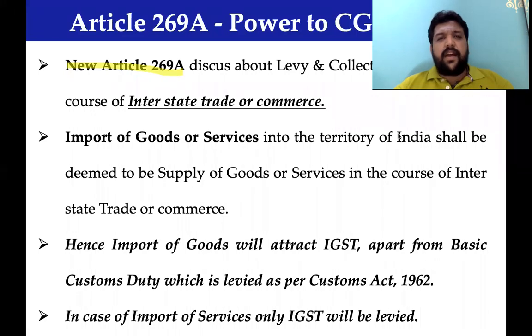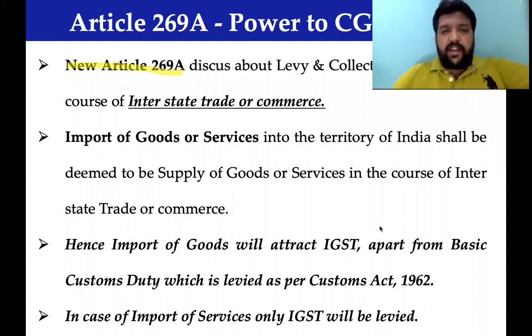If a transaction happens within the state, then it is intrastate supply. Coming back here, if a transaction happens between Tamil Nadu and Andhra Pradesh, then it is going to be what? Interstate supply.